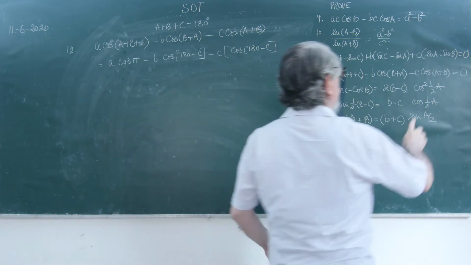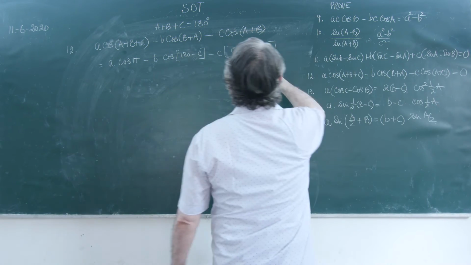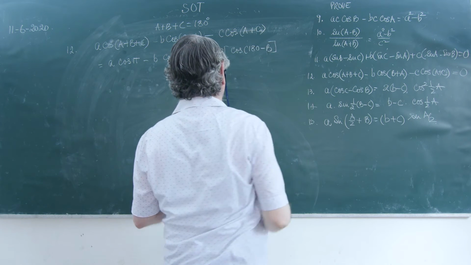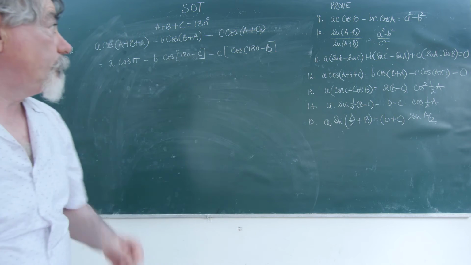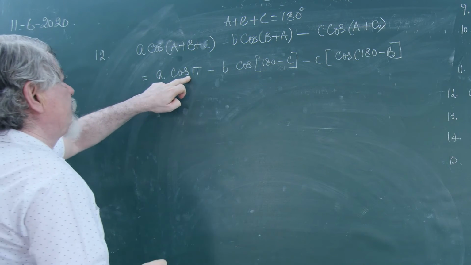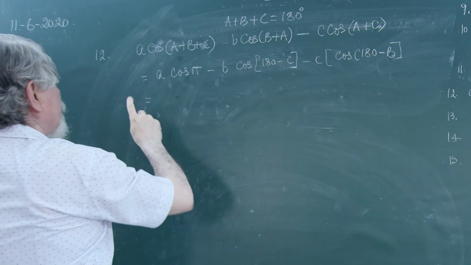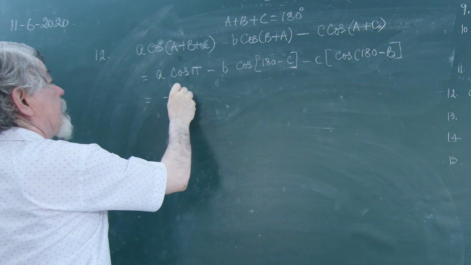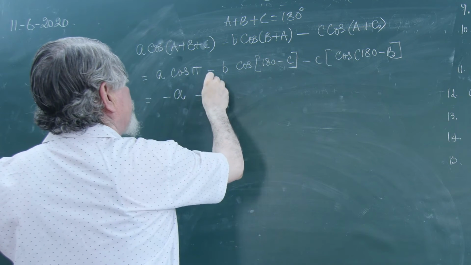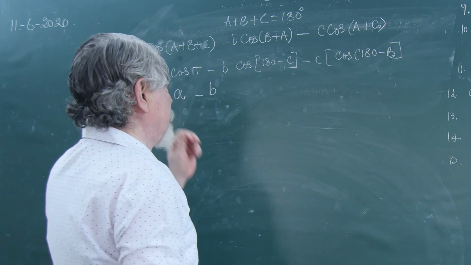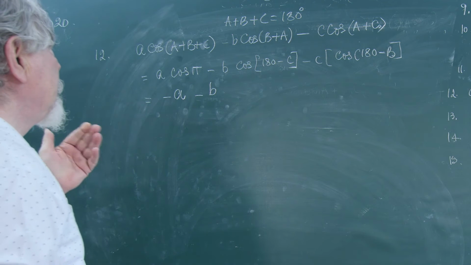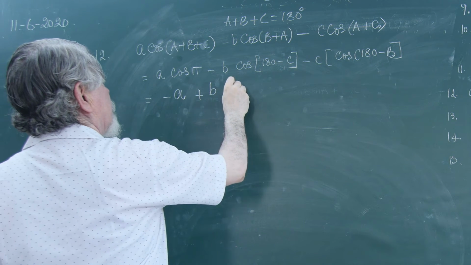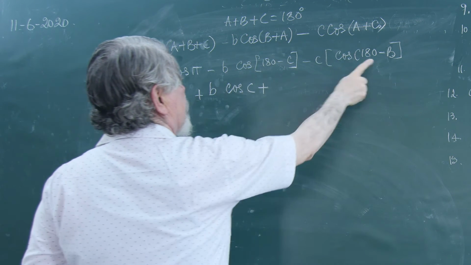A plus C equals 180 minus B. Now cos pi is minus 1, so it will become minus A. This is minus B cos(180 minus theta). Cos(180 minus theta) will be minus cos theta. So it will become cos B.